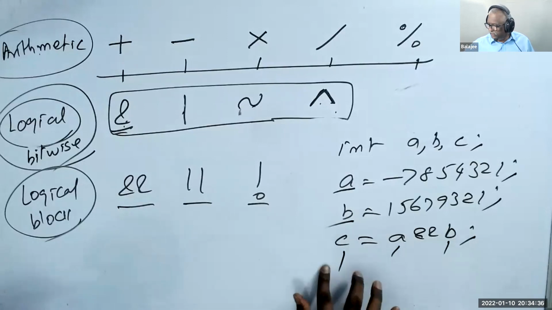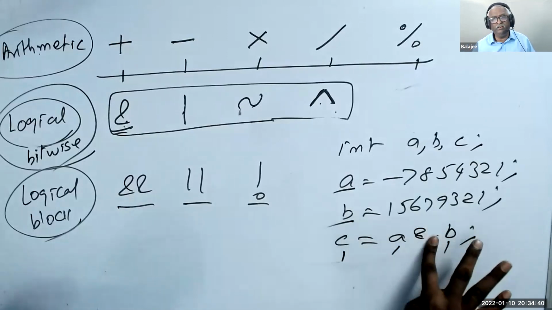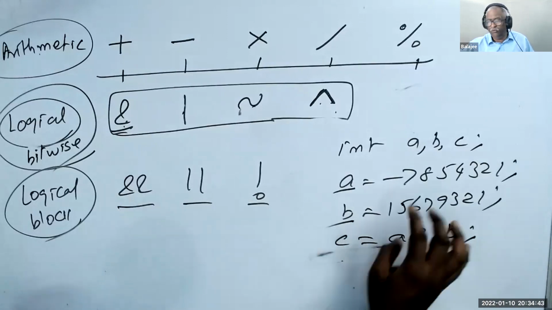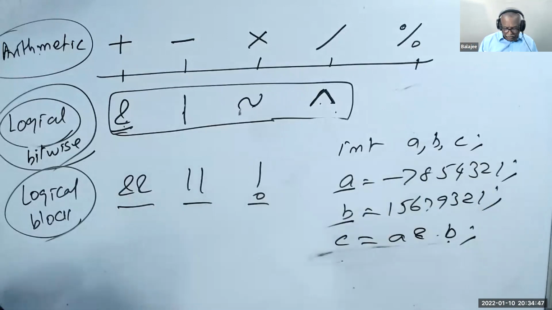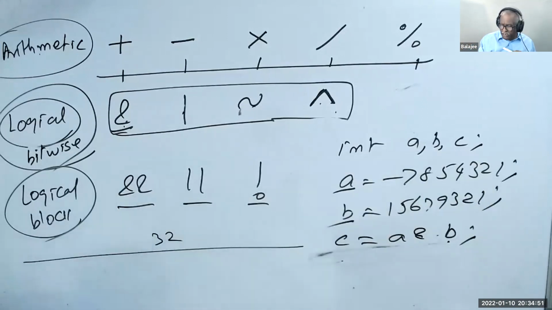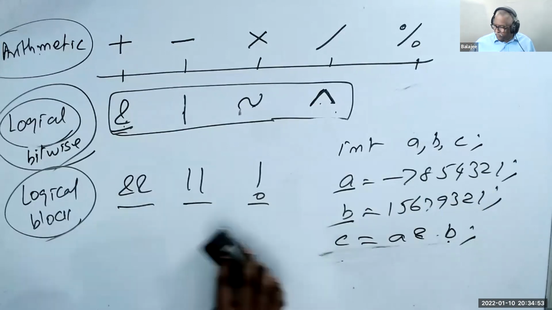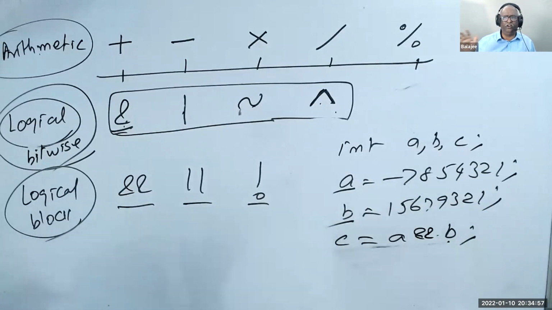That's all. It takes about 1 second. If you put a single AND, then it's tough. You have to convert this to binary, and this to binary, and do bit AND. This is int, which is 32 bit, so you have to expand it to 32 bit. That's a big task. But if you do double AND, then the job is very easy. Do you understand or not? If you have any doubt, ask me now, please.